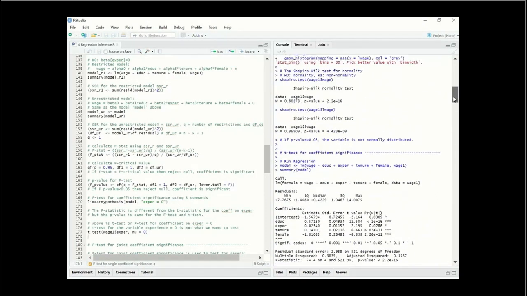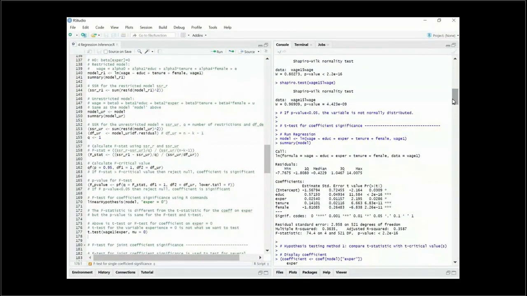So if I scroll back up and notice the original model, you see how the p-value is exactly the same on the coefficient on experience. So the t-value is different. This is the test statistic because it's a different test. This is a t-test versus an f-test, but the p-value is exactly the same. So this tells you that both tests, a t-test and an f-test, would produce exactly the same results.